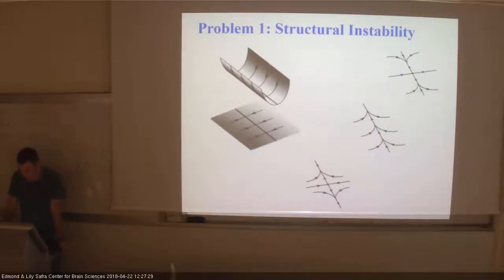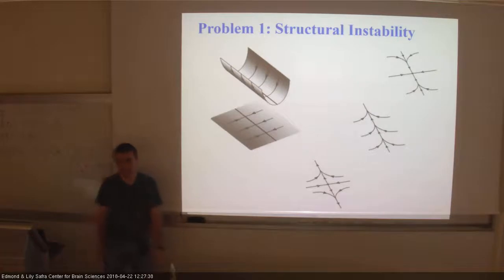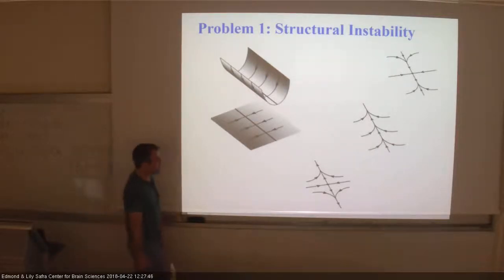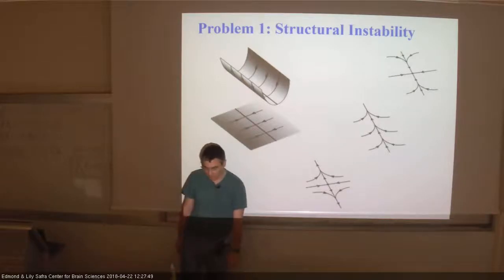So how are we going to deal with this issue of fine-tuning? One possibility is to constantly learn, constantly update the connectivity matrix. Some people have proposed this solution. Sebastian Seung is one of them.